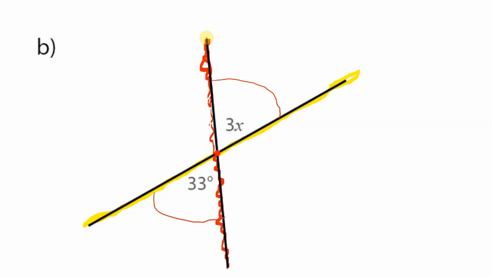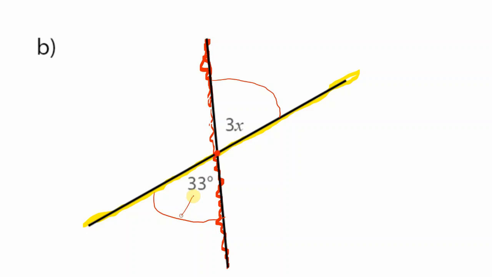Okay, so I'm sure you have seen that we have two lines crossing each other, so we have this point of intersection. If we use color, we can go from the red line to the yellow line, and from the yellow to the red opposite each other.